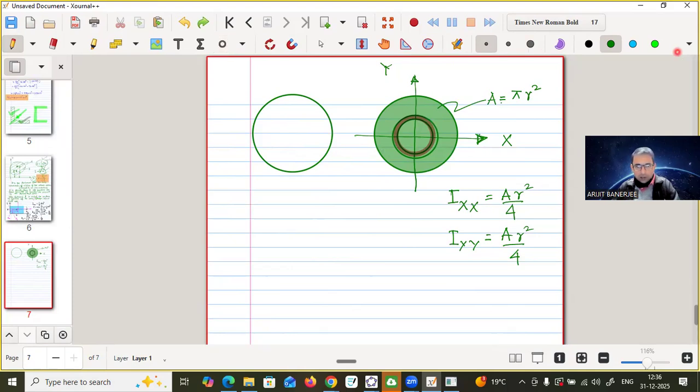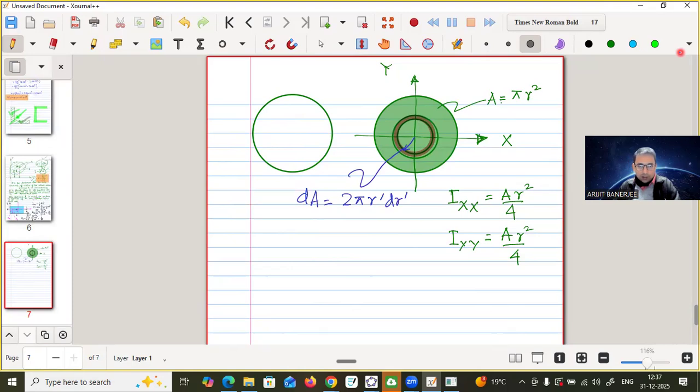Say dA. dA is equal to 2 pi r, say r prime. From the center it is r prime. So 2 pi r prime dr prime.